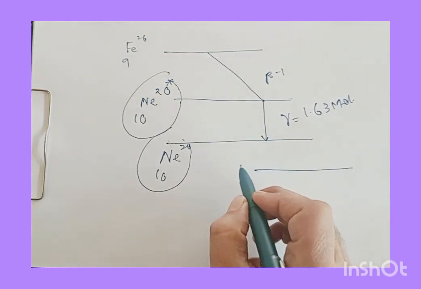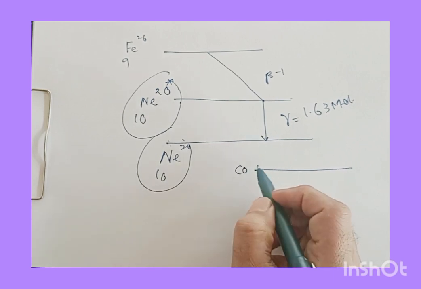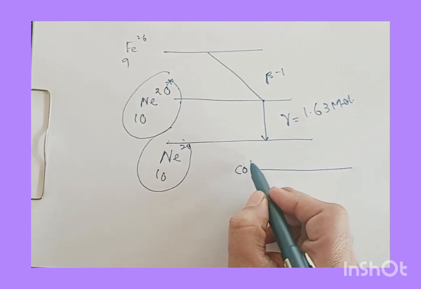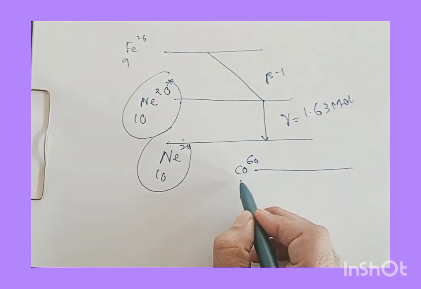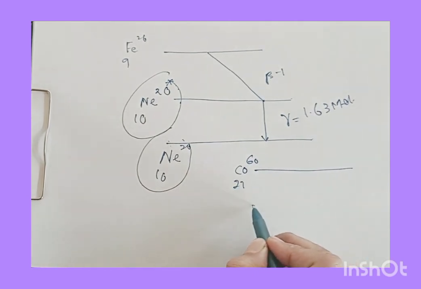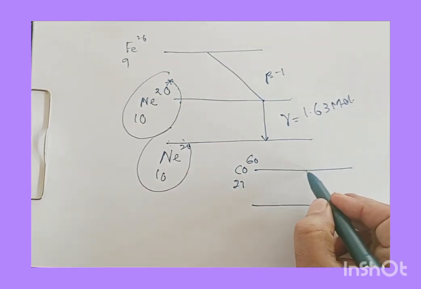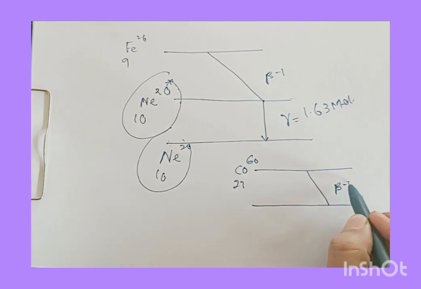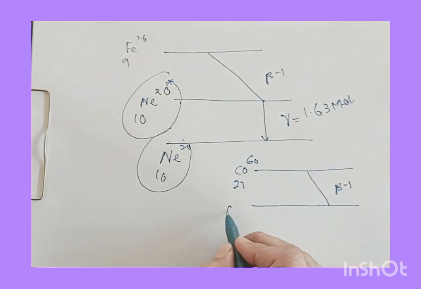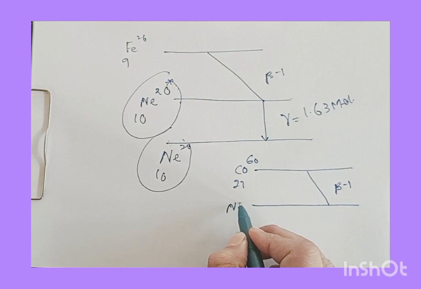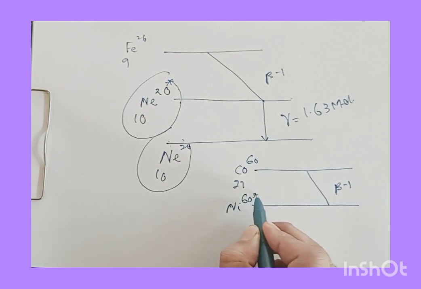It disintegrates and emits a beta negative particle, and we get nickel from it, and this nickel is in an excited state.